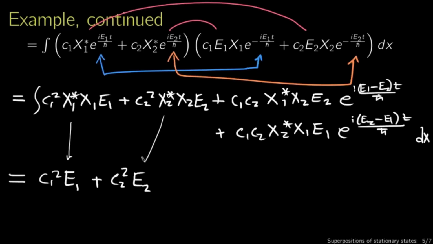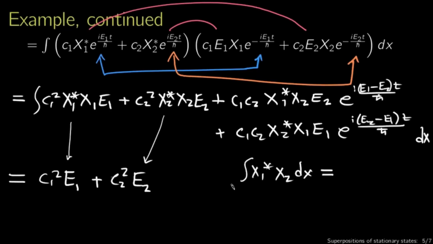Now, we're actually done. We'll talk more about this in detail later, but the integral of x1 star x2 is actually going to be 0. Everything else here, c1, c2, e2, and this time-dependent part, is a constant when we're considering an integral over x. So we're just going to be left with the integral of x1 star x2 dx. And this is a general feature of Sturm-Liouville problems.